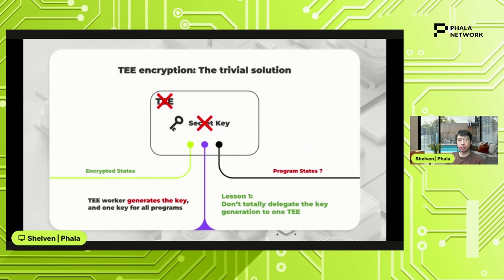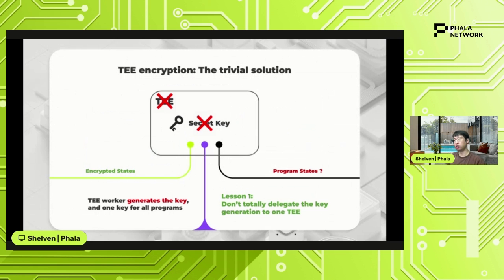But there can be some problems with this trivial solution. The first problem is that if the TEE is down, you lose the secret key forever. Then all these encrypted states can never be decrypted anymore. Since we cannot restore the original states of the program, your program is also frozen, also dead.